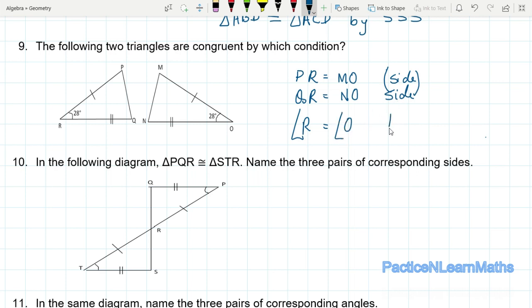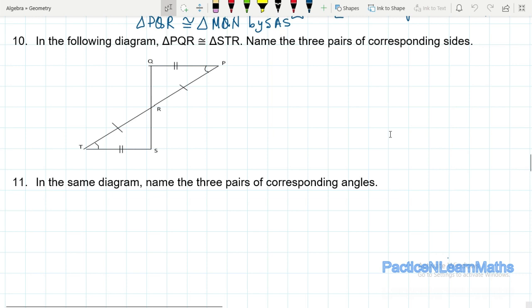So here this is the side, here this is the side, and here this is the angle. So triangle PQR is congruent to triangle MON by SAS.